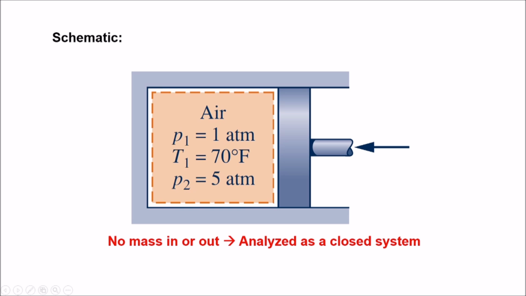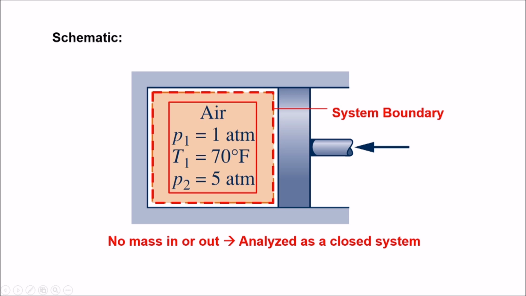Having noted this key fact, let's select our system boundary. In this case, it is selected to enclose the air in the piston cylinder assembly and follow the physical boundary of the assembly as shown on the schematic with a red dashed line. The schematic clearly indicates that the substance contained in the piston cylinder assembly is air at a given initial pressure P sub 1 and temperature T sub 1, and also the final pressure P sub 2 after the process.